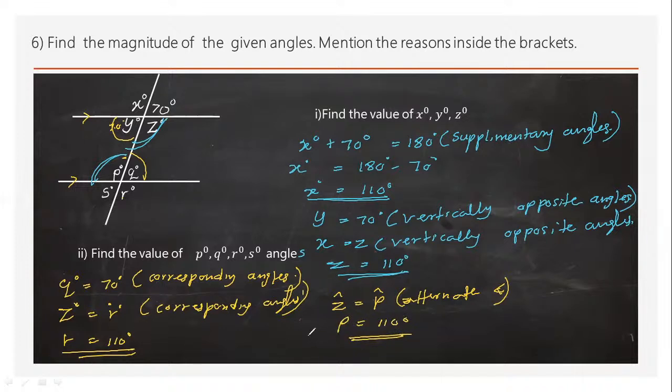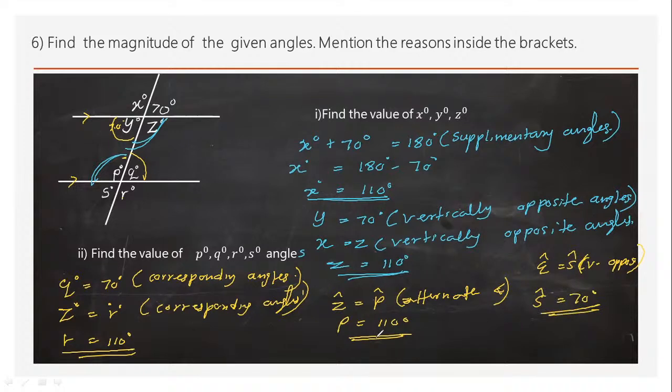Last letter is s. Then q equals s, vertically opposite. Then you can write the value for s. We got q as 70. Then s angle equals 70.